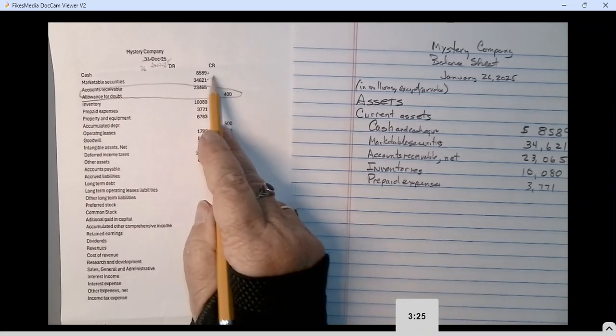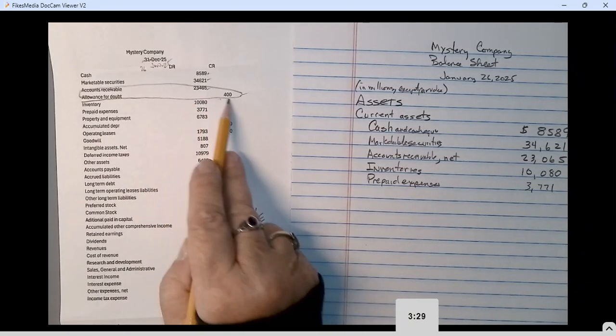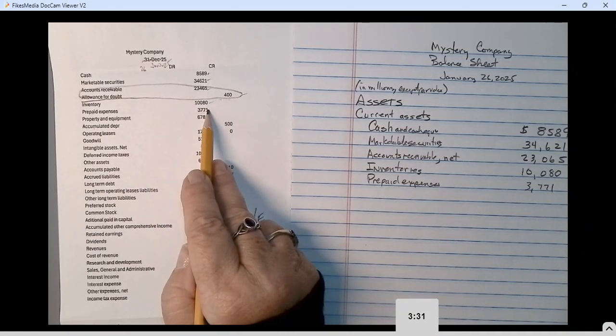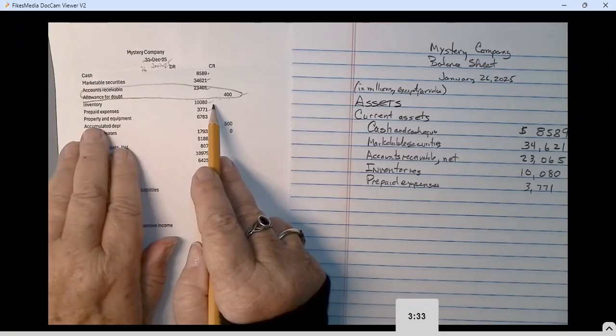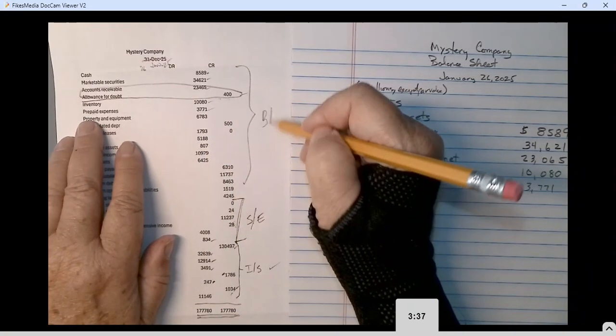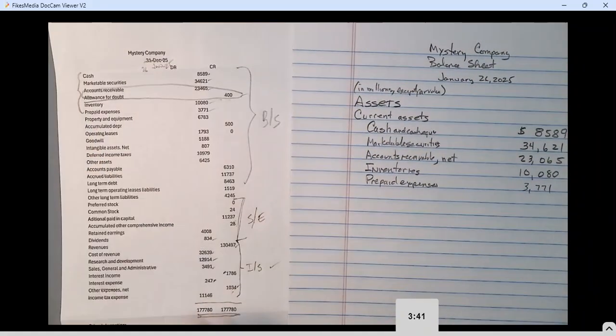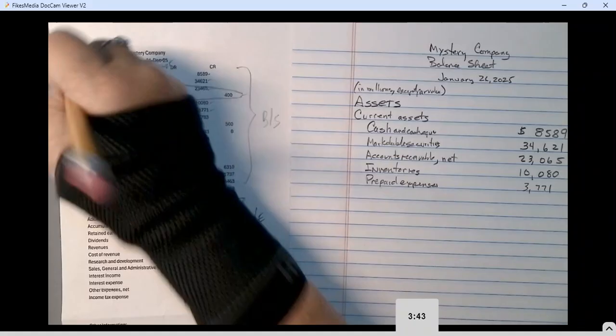Okay, so there's my cash, my marketable securities. I'm putting the contra account against the receivables, inventory, prepaid. So these are my current. So this is my balance sheet. And these are my current assets.